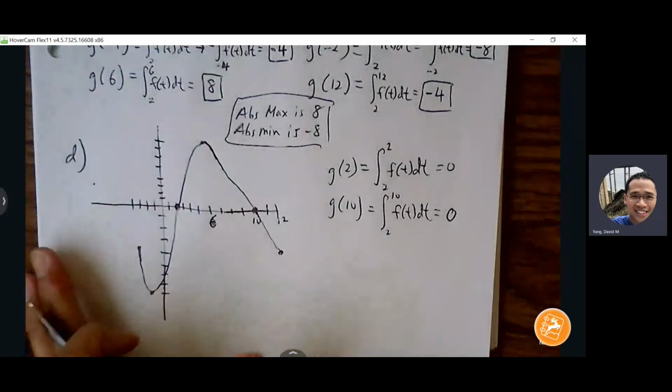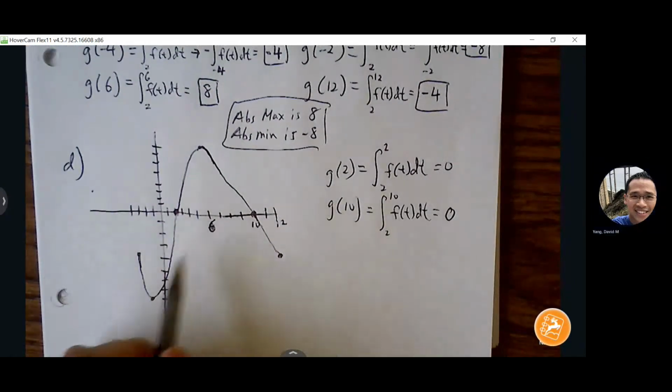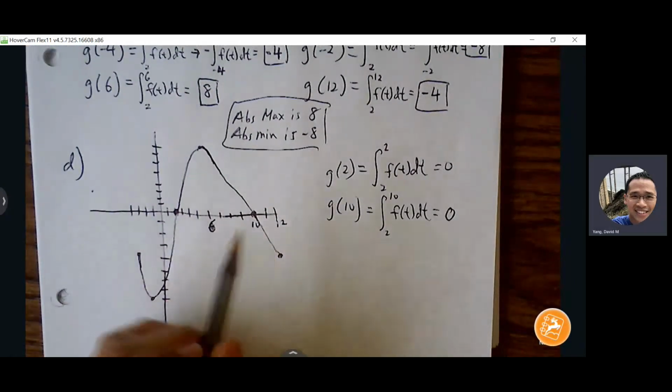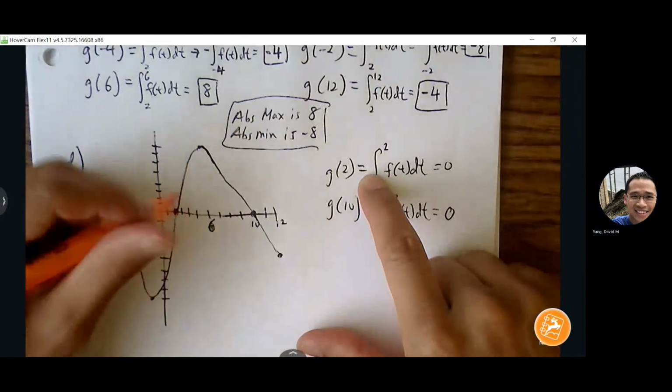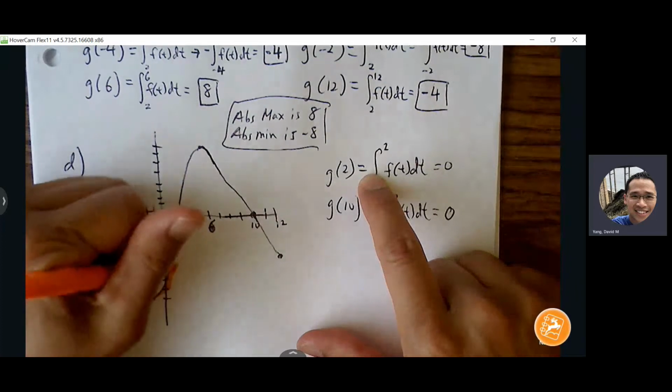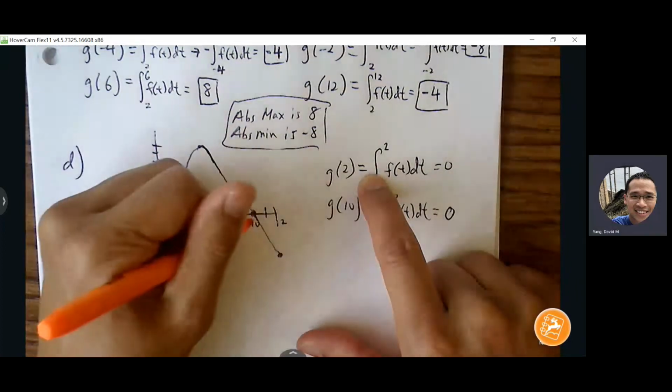So now we have enough information to confidently say where our graph is below the x-axis, right? Below the x-axis from the starting point until 2, and then from 10 to 12.